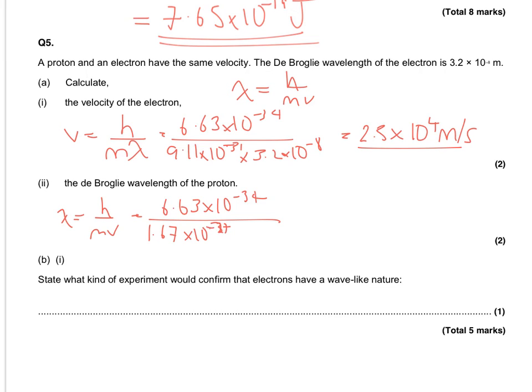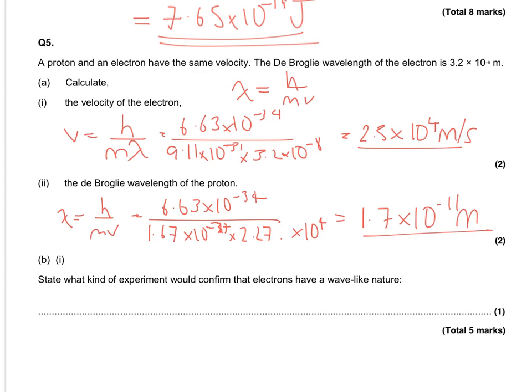It's 27, not minus 37, times 2.27 times 10 to the 4. And we'll calculate that as 1.7 times 10 to the minus 11 meters, because it's a wavelength there.